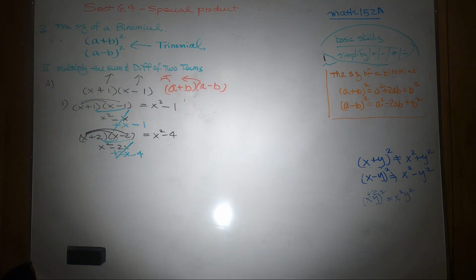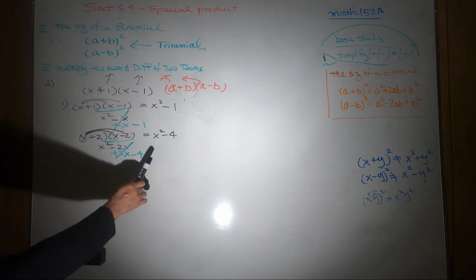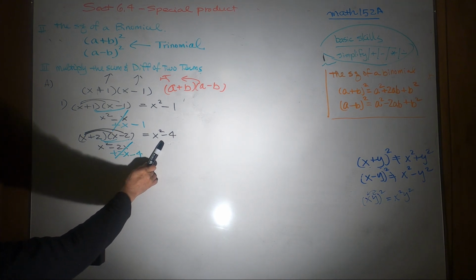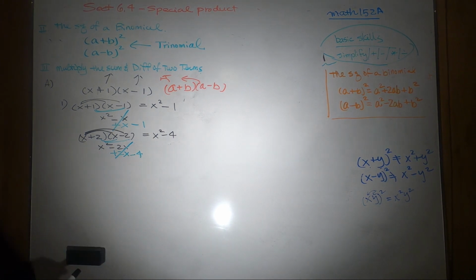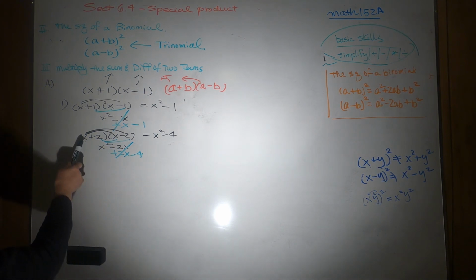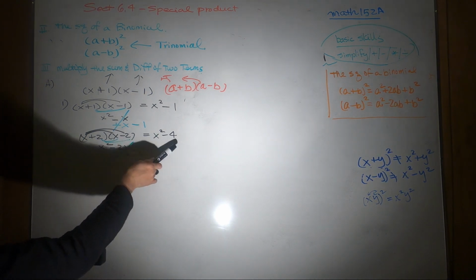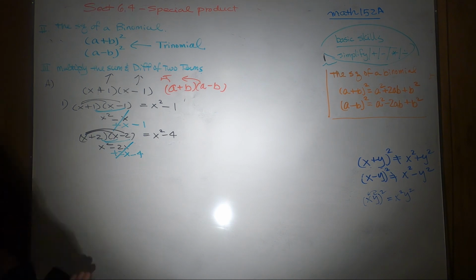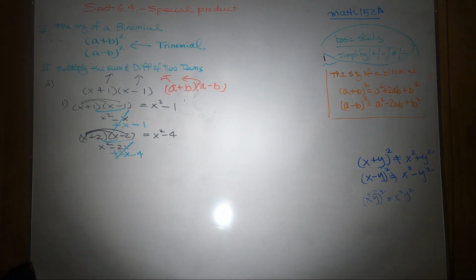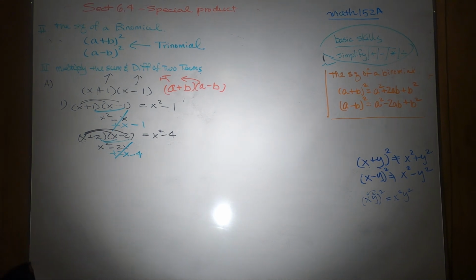So one is a sum, one is a difference. The middle part cancels out. We end up with only a binomial. So the binomial is the first one multiplied together and minus the second one multiplied together.